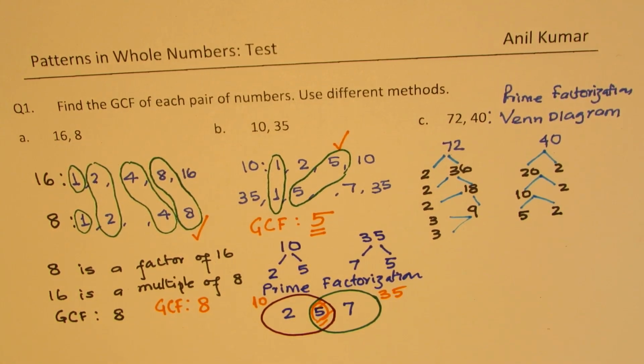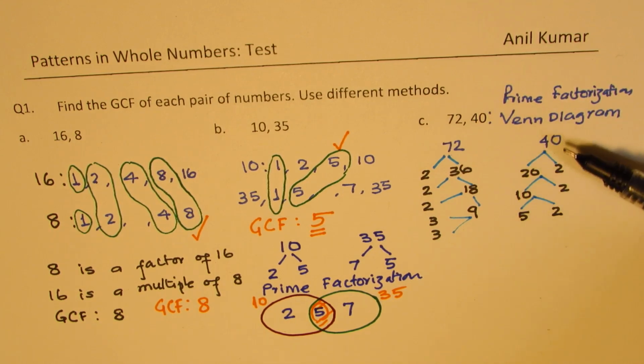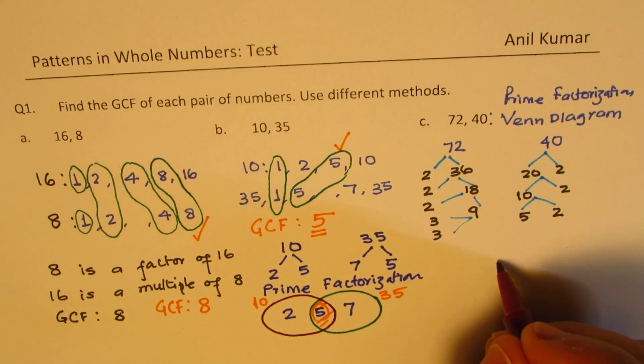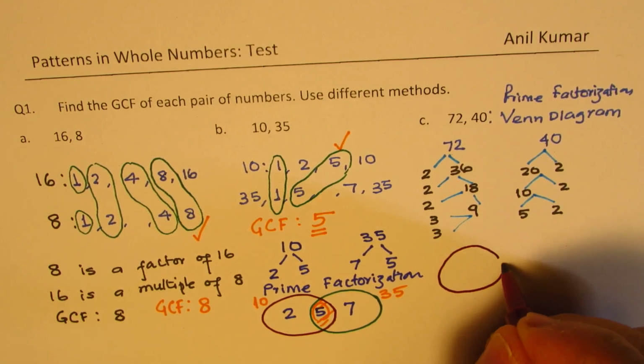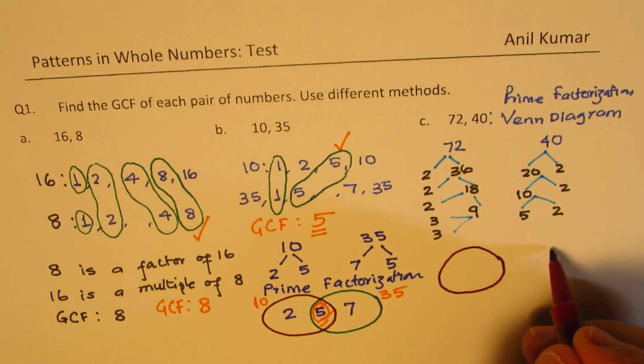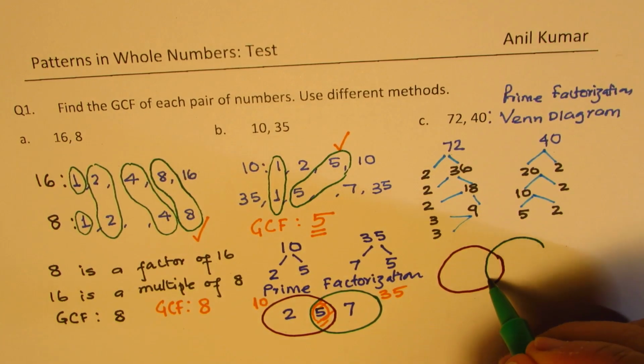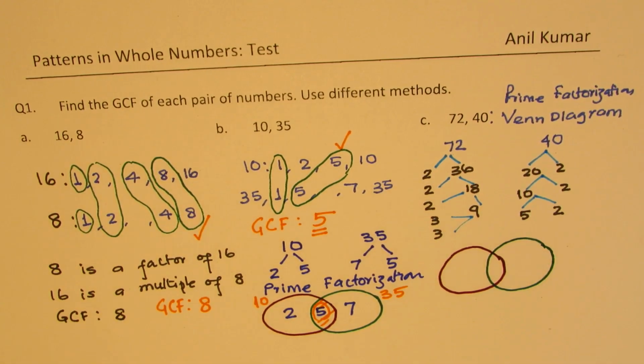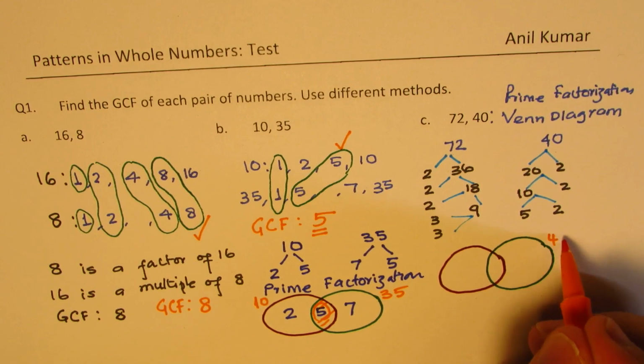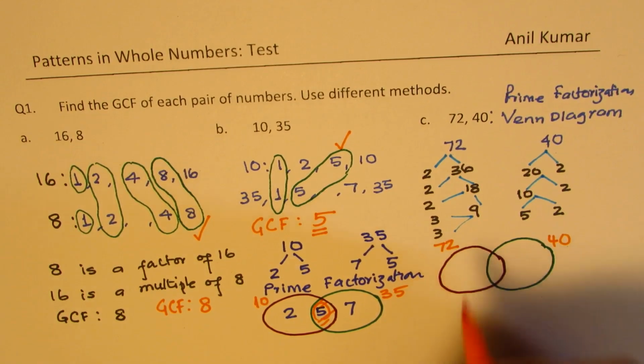With my experience, I found that factoring and displaying the data in this fashion really helps, correct? Now we'll use the Venn diagram. So we'll write factors of numbers 72 and 40 in a Venn diagram, right? We'll write down 40 on this side and 72 on this side.